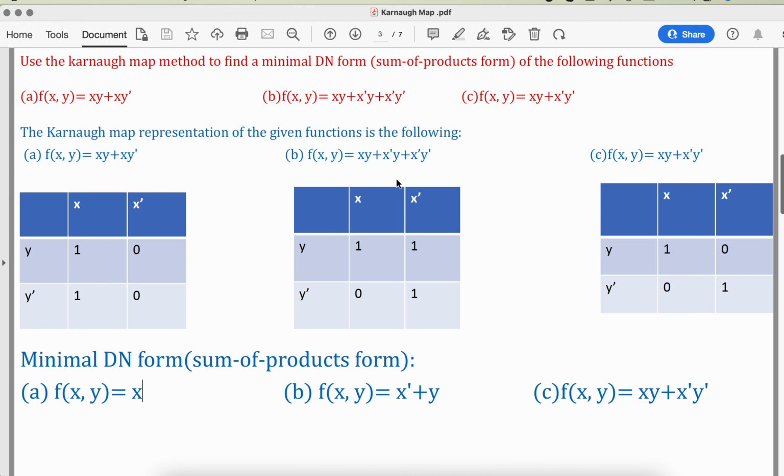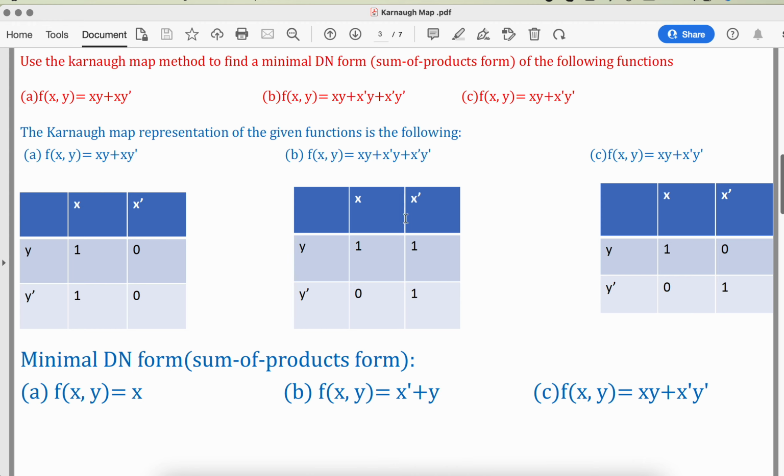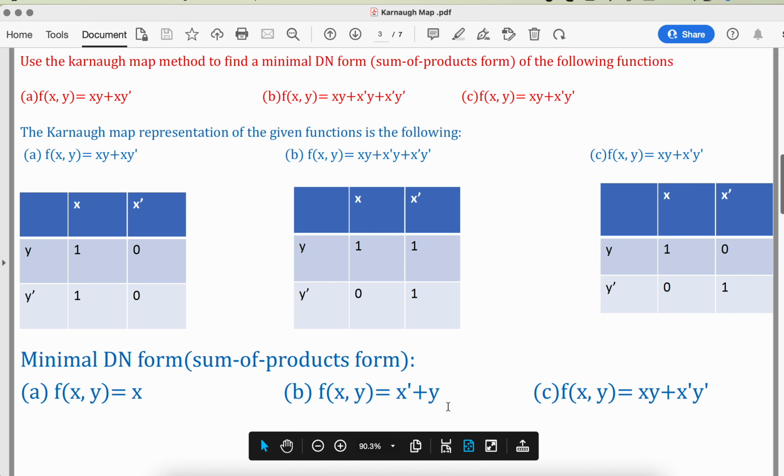So the given Boolean function xy plus x dash y plus x dash y dash reduces to x dash plus y because this rectangle gave y and this rectangle gave x dash. So x dash plus y.